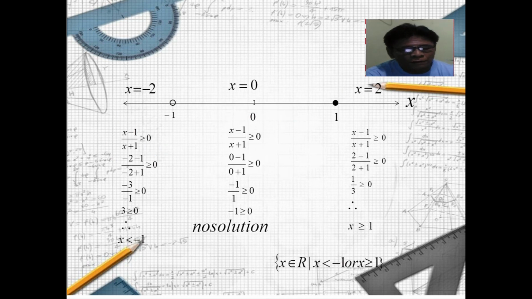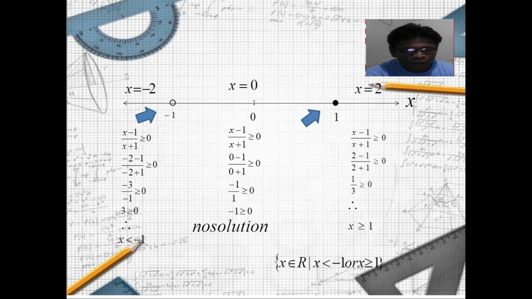Okay, let us plot our values of x. So x equals negative 1, that is the undefined, and positive 1 is the zero of the expression.